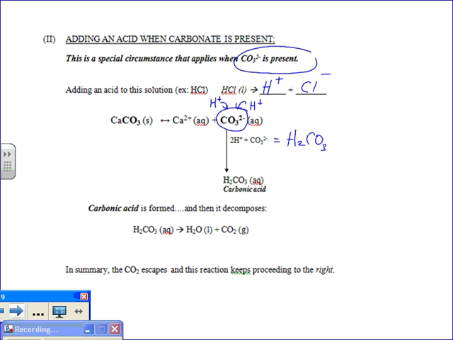So it's very similar to a precipitate, except it's not a solid. It's just a compound in my solution, and then it breaks apart. Here's the decomposition of carbonic acid. It breaks apart to give us water and carbon dioxide. The carbon dioxide escapes if this is an open container.